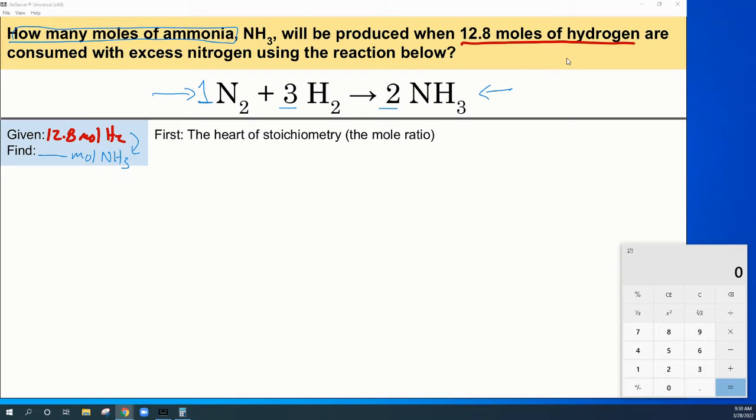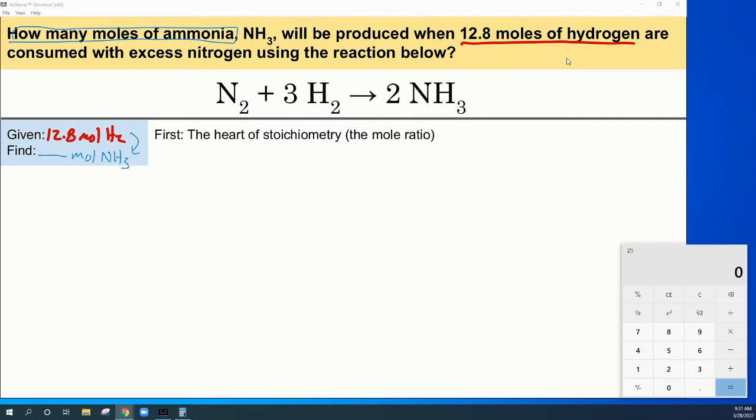We're producing ammonia, but we need hydrogen and nitrogen to do that, which is why the question gives us this excess nitrogen, because if there's no nitrogen, the reaction wouldn't take place at all. This is our recipe. This is how this reaction happens, in what ratios. So we're going to use that ratio to convert, quote unquote, hydrogen into ammonia.